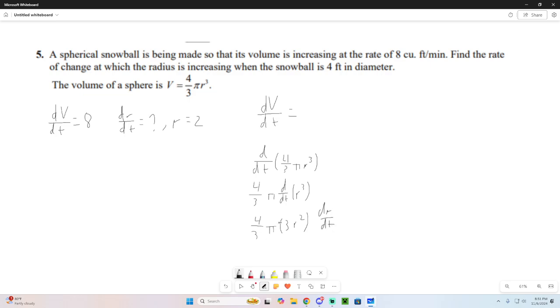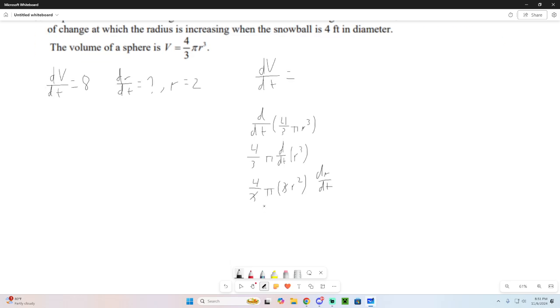To simplify this, the 3 in the denominator cancels out with the 3 in the numerator, so we get 4 pi r squared dr over dt. So that's what we get here, 4 pi r squared, and then 4 pi r squared dr over dt.